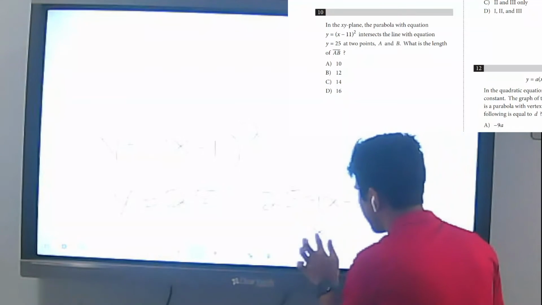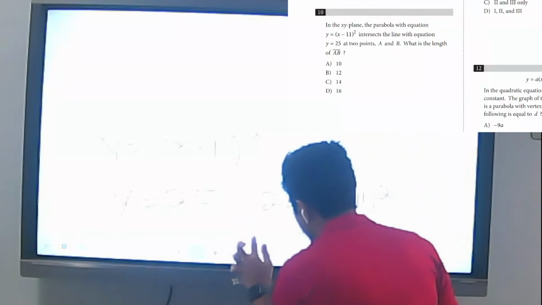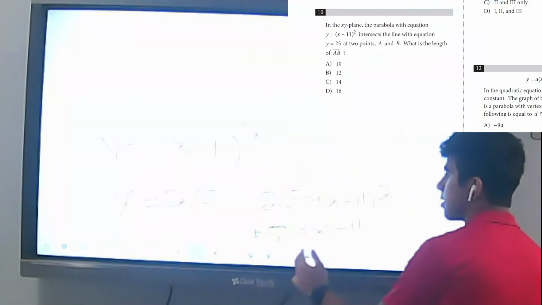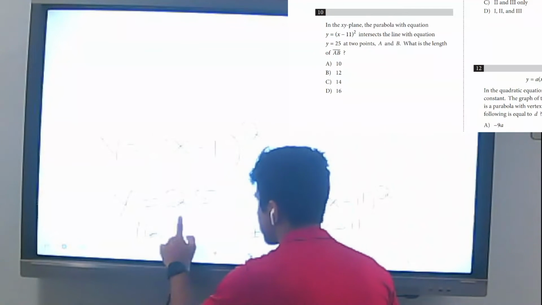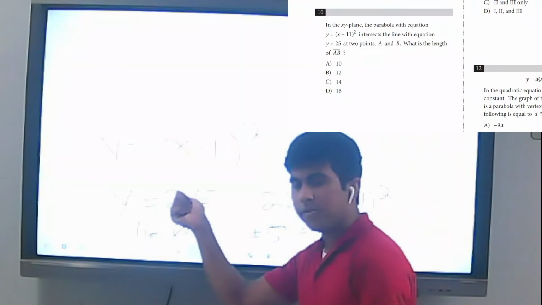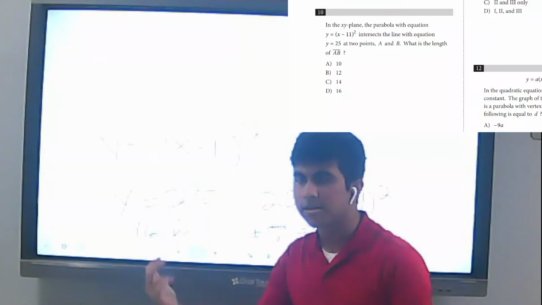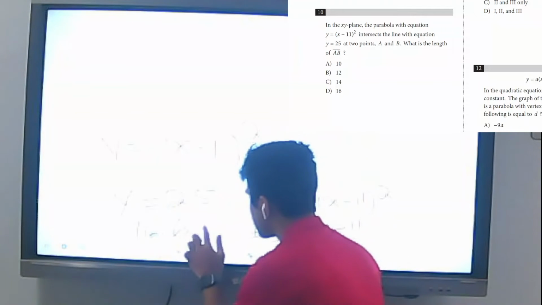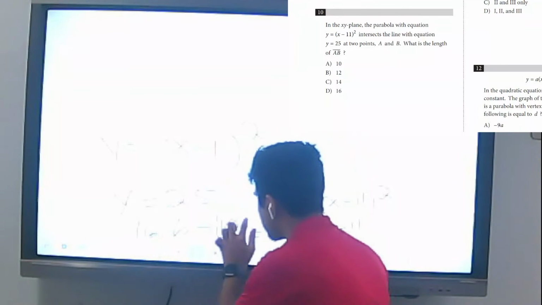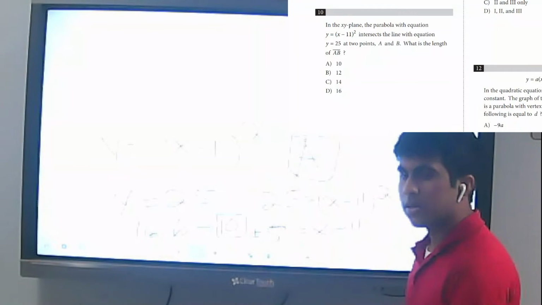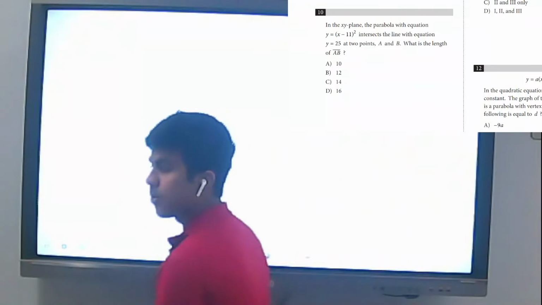Then x minus 11 is plus or minus 5. If it's plus 5, then x equals 16. If it's negative 5, then x is 6. So you have (16, 25) and (6, 25). The distance, since you have the same y-coordinate, is 16 minus 6, which is 10. So our answer is 10. 10 is choice A. So that's our answer. Let's keep going to the next question.